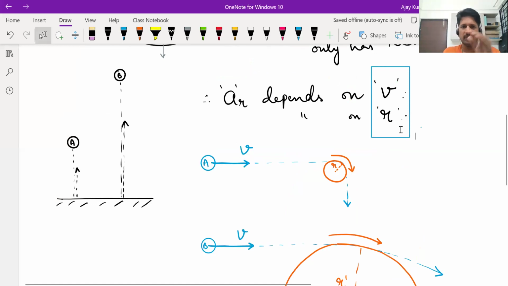Now there is an elaborate derivation of how exactly radial acceleration depends on speed and radius. Derivation I'll give you in the worksheet. You'll be able to do it. I'll give you hints also. I'm telling you the result directly.